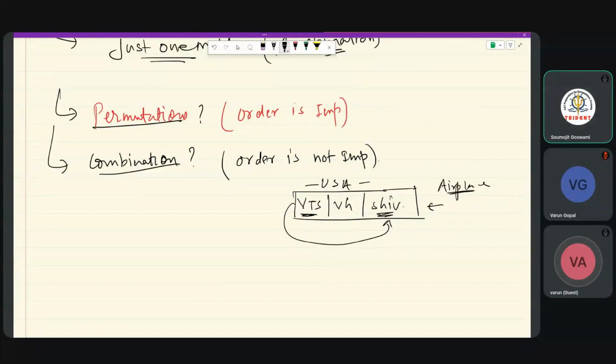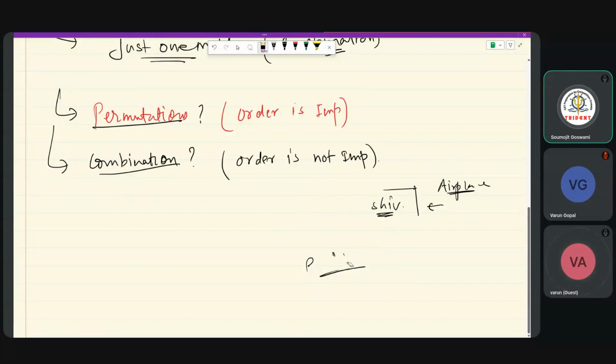We are just going there. Order doesn't matter. This is selection. The previous case was arrangement in which the order used to be important. Relative position is a good word. Okay, chalo. I am pretty sure you may have understood the intuitive idea of permutation and combination.